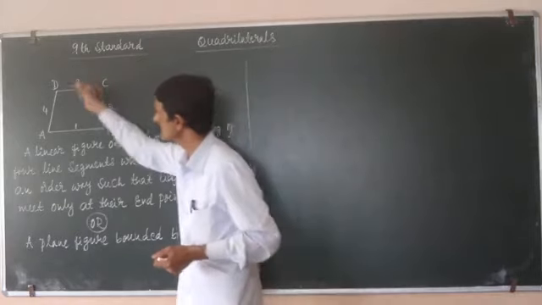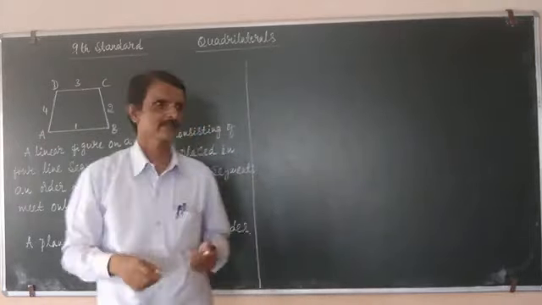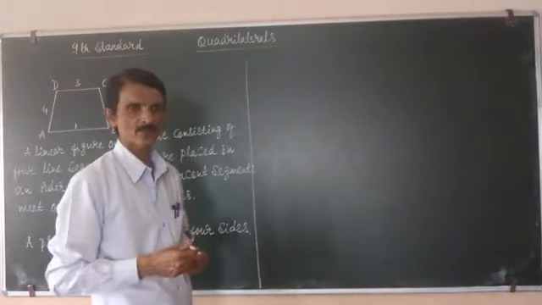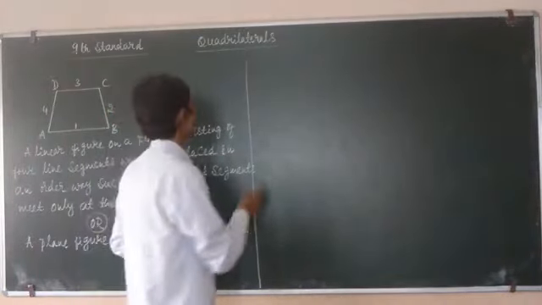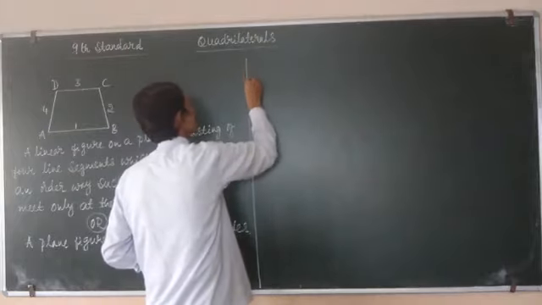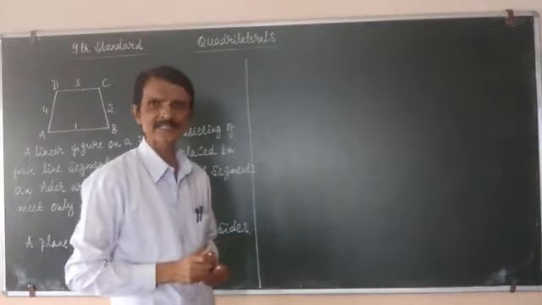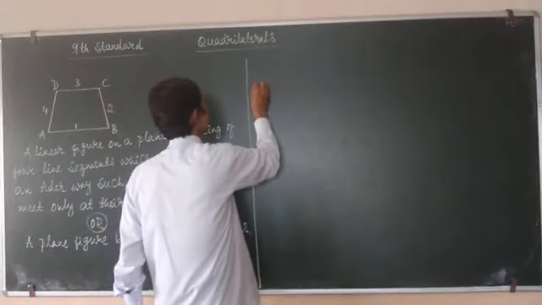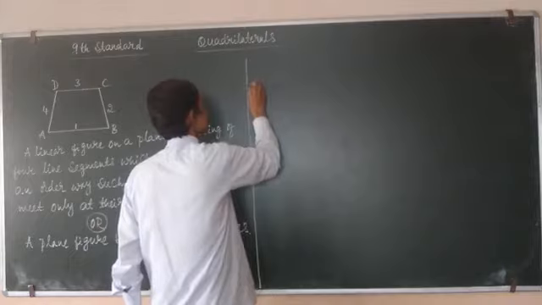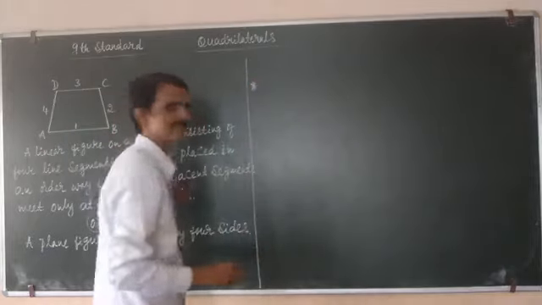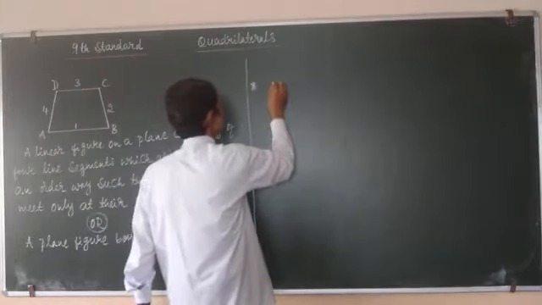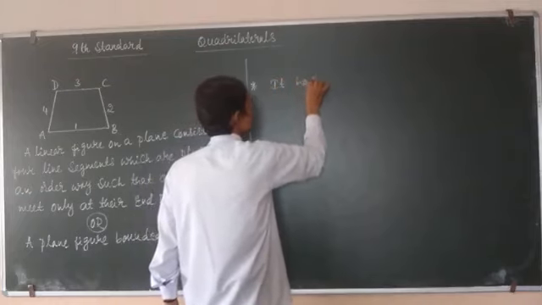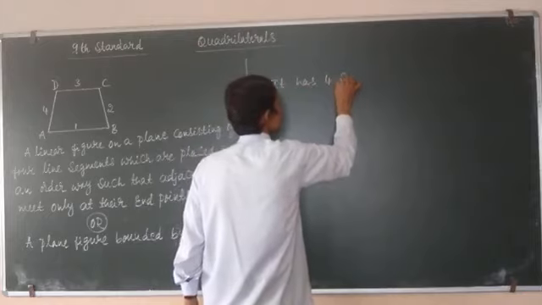Now if you observe the quadrilateral, we can come across some important key points, or properties, of the quadrilateral. The first one: how many sides does it have?